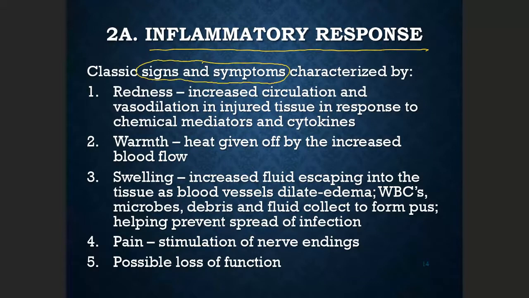Of course, redness: the area of infection usually becomes more red. Why? Because the infected area receives more blood, and blood is the one that carries our immune system, the white blood cells, neutrophils, lymphocytes, monocytes. They are all carried by the blood. Therefore, when the blood comes into this inflammation area, that place becomes red. This is what we call redness.